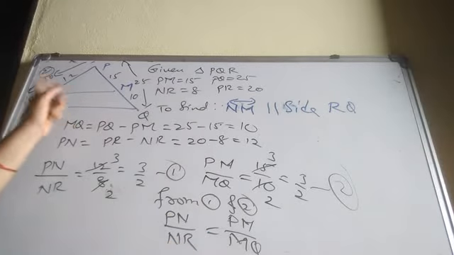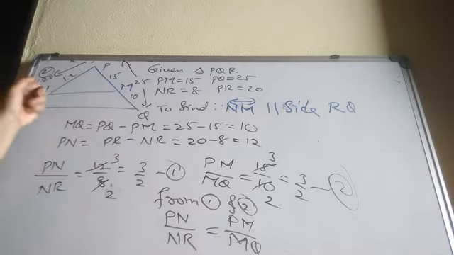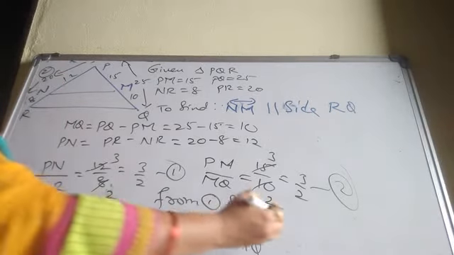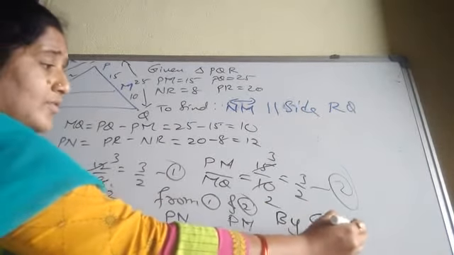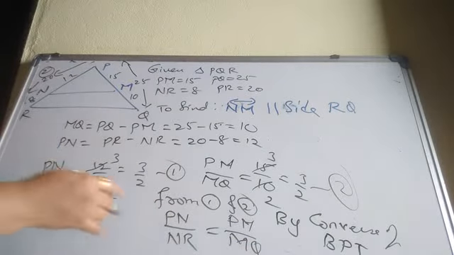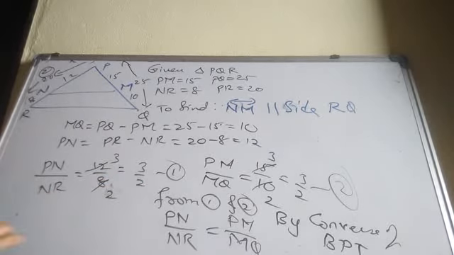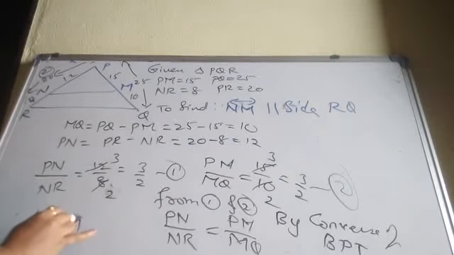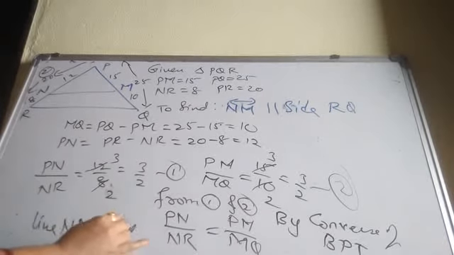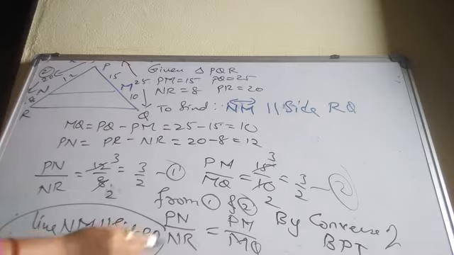If a line divides the remaining two sides in the same proportion, then this line is parallel to the third side by the converse of BPT. What will we write? Therefore line MN is parallel to side RQ by the converse of the basic proportionality theorem.